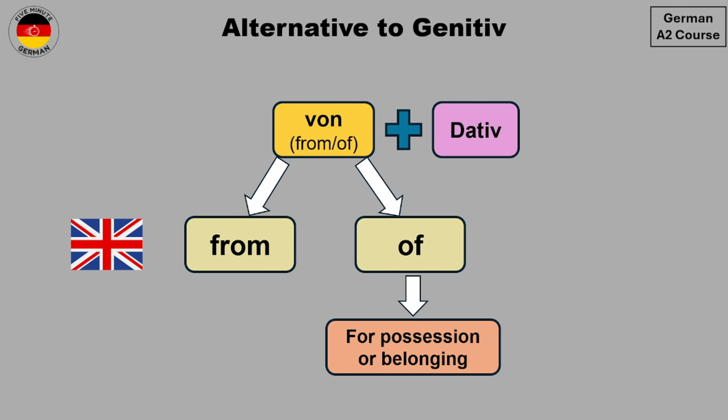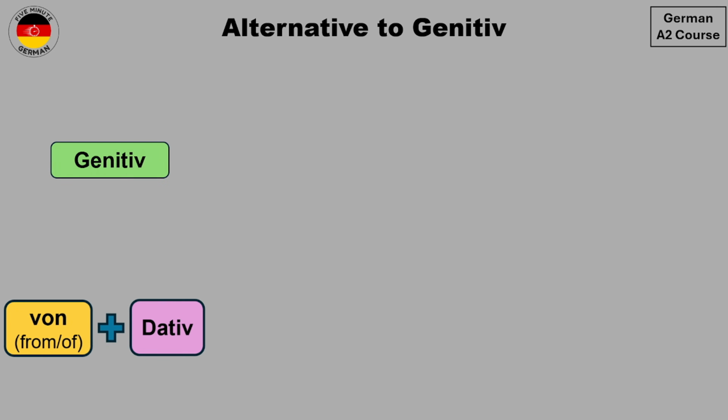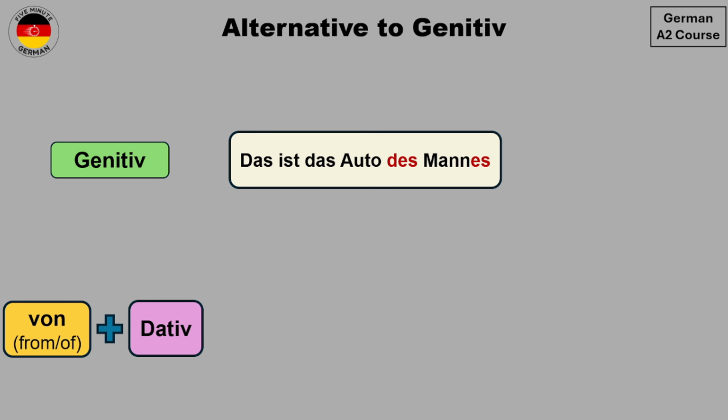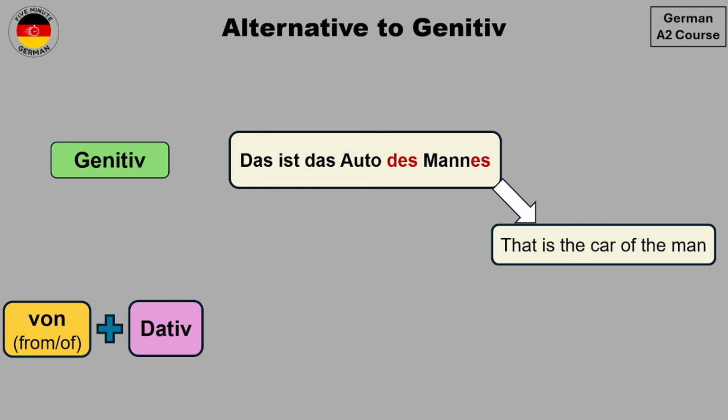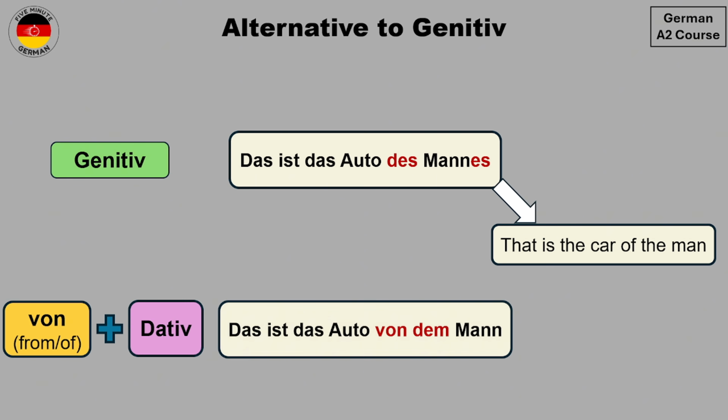Now let's do a comparison of a sentence written in genitive and with the preposition von. In genitive, we have the sentence "Das ist das Auto des Mannes," which means that is the car of the man. Now we can write the same sentence with von as "Das ist das Auto von dem Mann," which also has the same meaning: that is the car of the man.